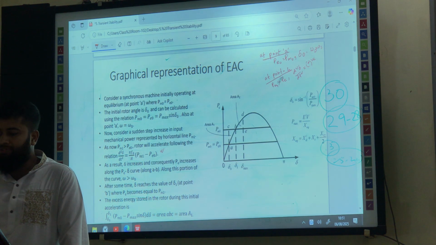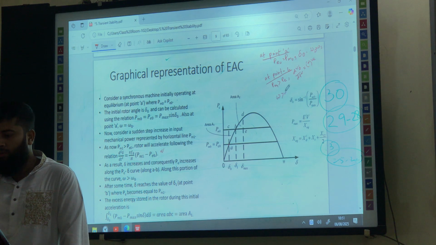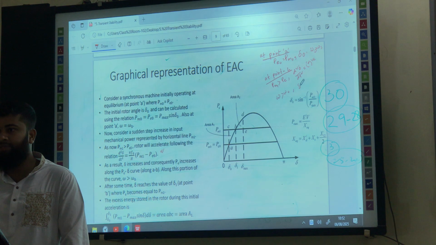Rotor acceleration means that in this journey our omega, the rotor speed, will be higher than omega naught, the previous omega. Have you understood this thing? If this is the case, then obviously our delta will increase, right?